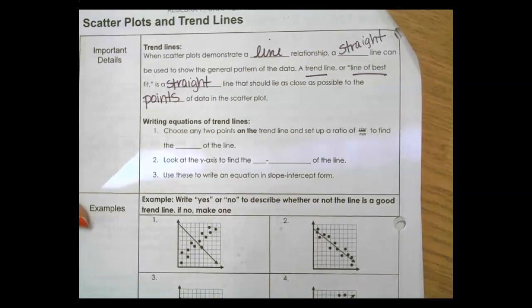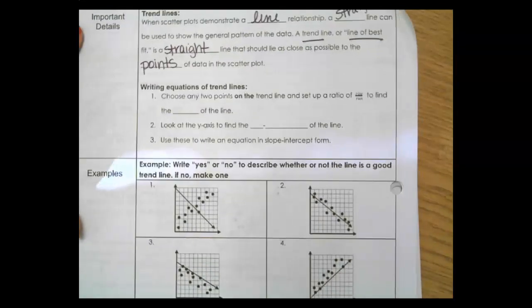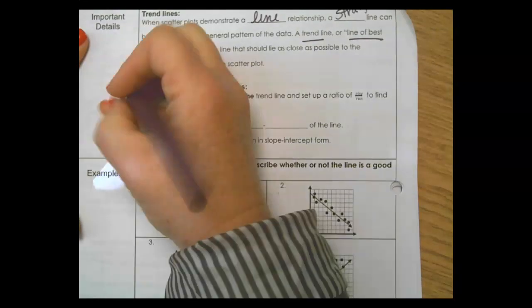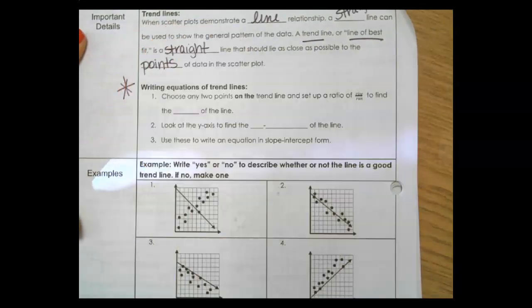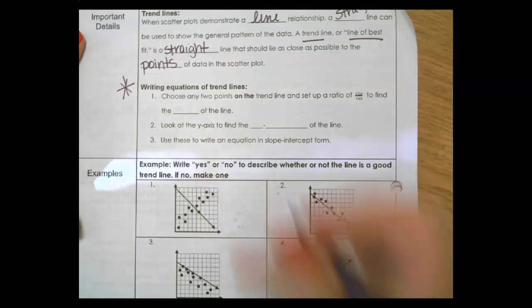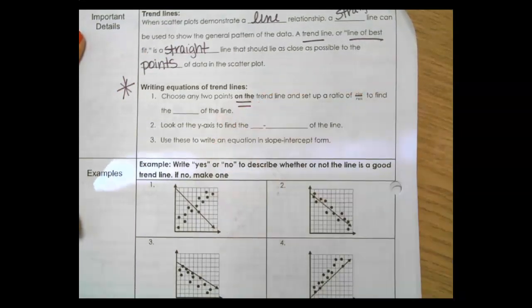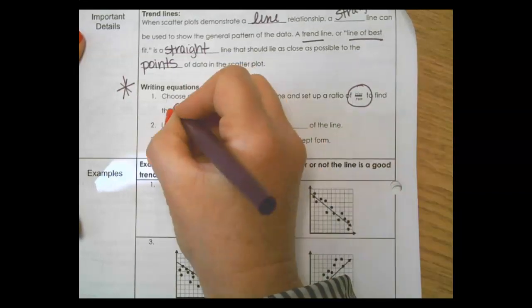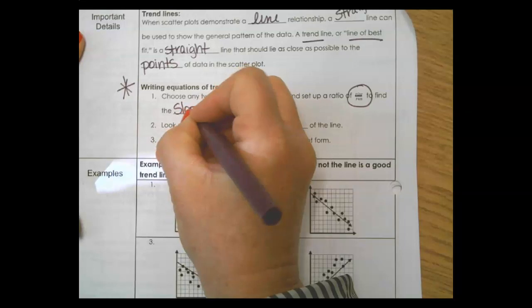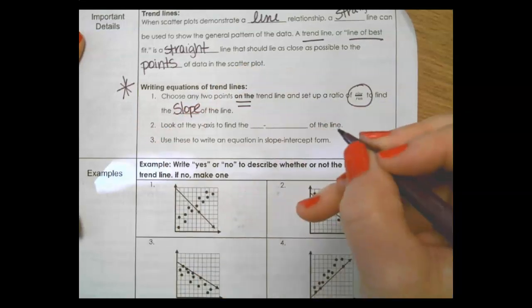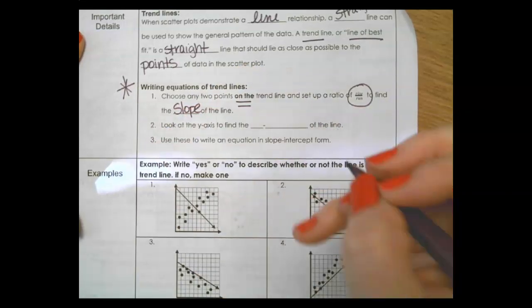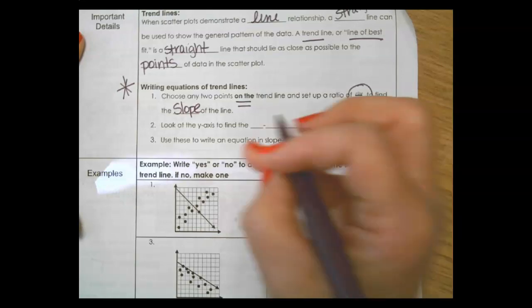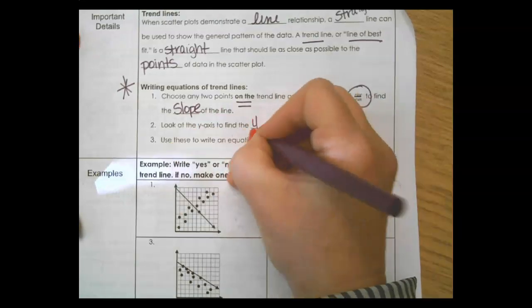to make a y-intercept. So when we write equations, you guys need to be able to write equations. These are the rules. I'm going to asterisk this because you guys are going to struggle with this part. You're going to choose any 2 points on that trend line and set up a ratio of your rise and run to find the slope of that line. Look at the y-axis to find that y-intercept.